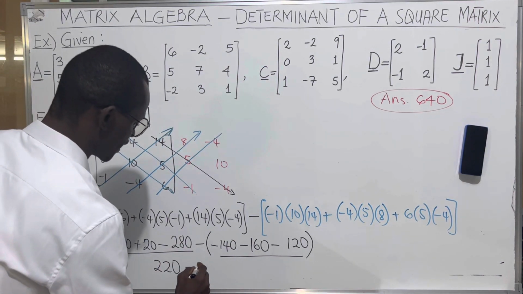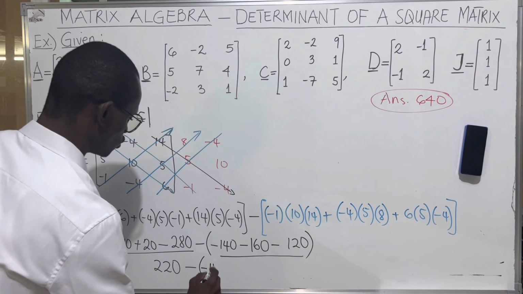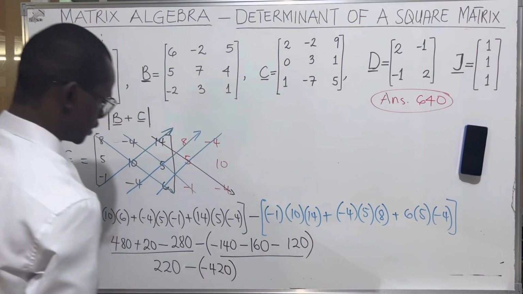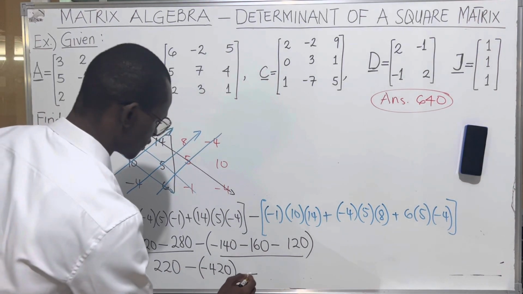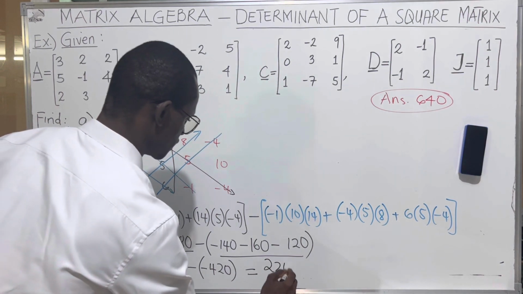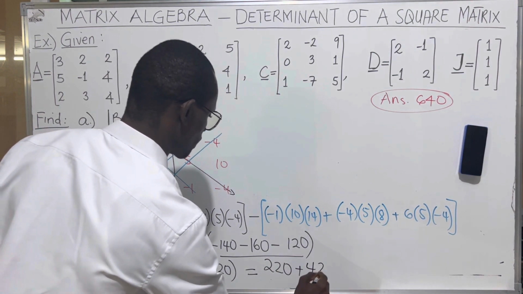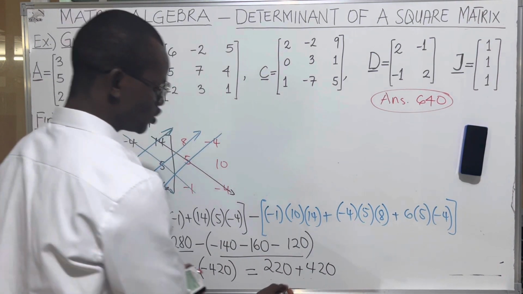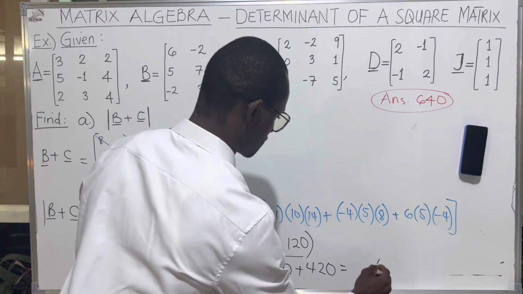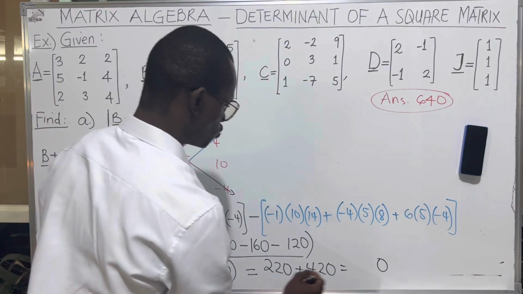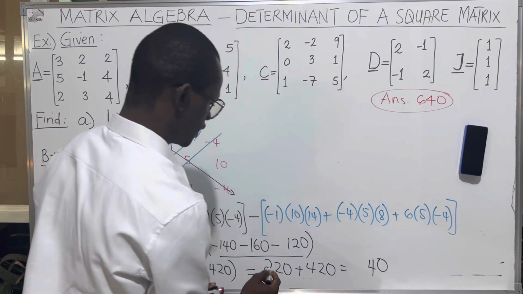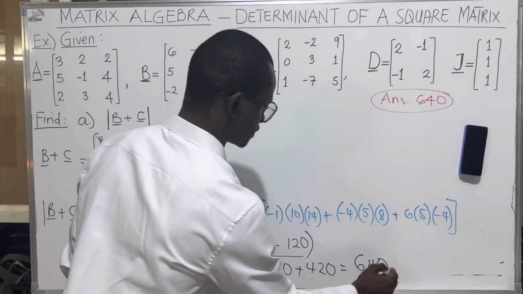So we take one of the negative signs, 420. Now negative times negative is positive. So it's 220 plus 420. If we add the two of them, 0 and 0 give us 0, 2 plus 2 give us 4, and then 2 plus 4 give us 6.